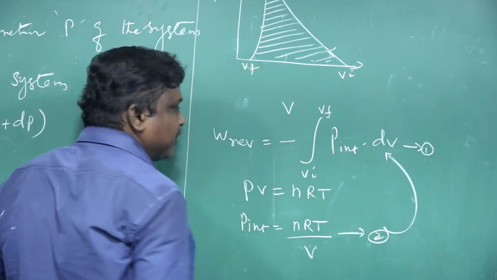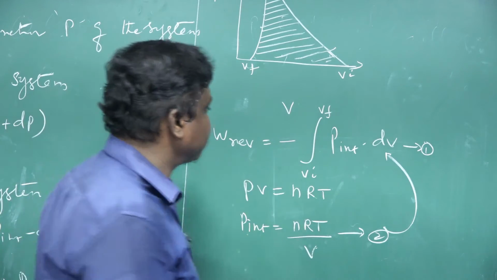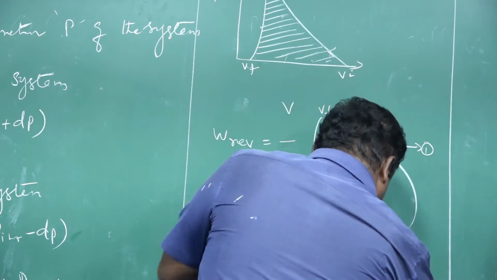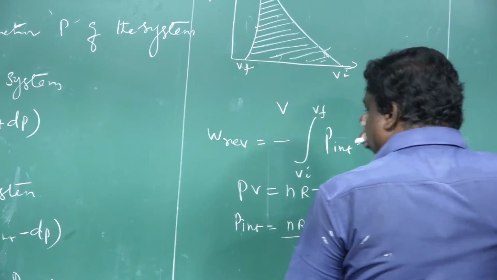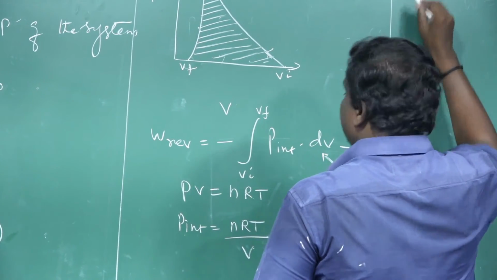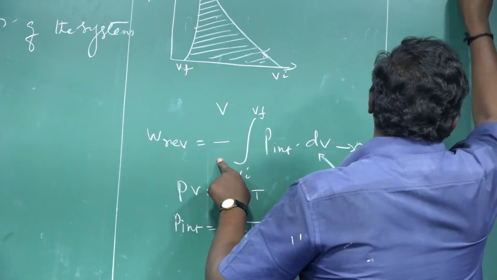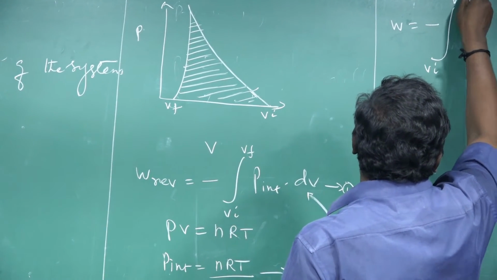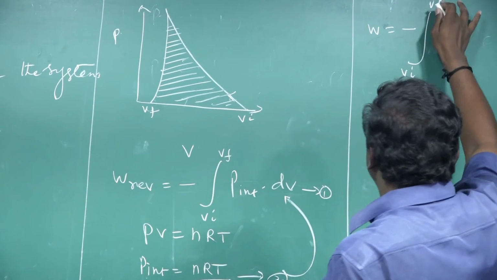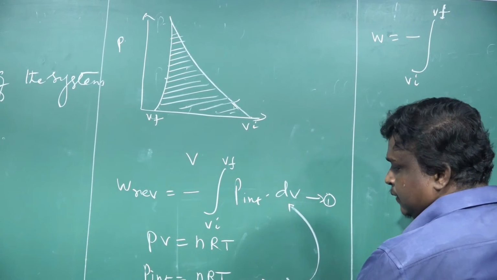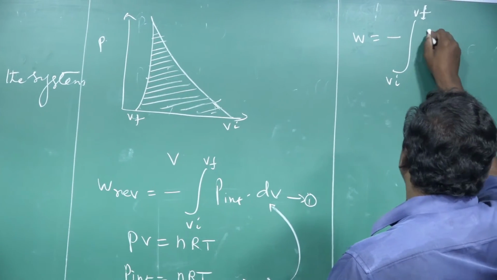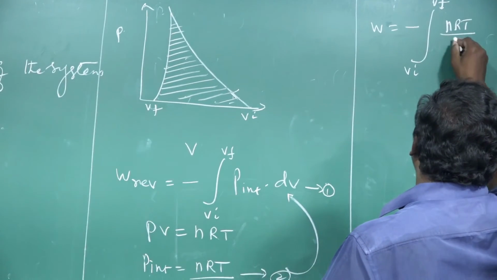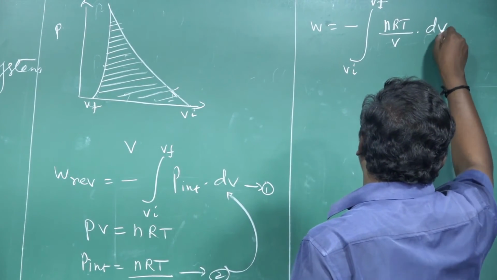Substituting equation 2 into equation 1, the work in the reverse process, W, is equal to minus the integral from initial volume to final volume of P, which is nRT by V, into dV.